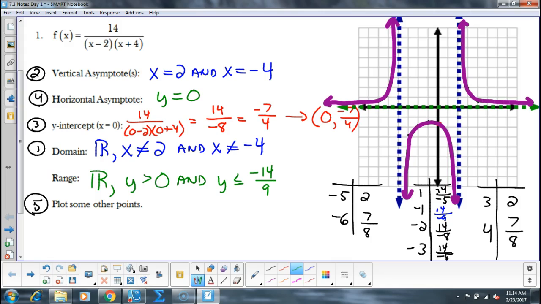Because that's that high point right there. Yes? So it's got a little strip running through the middle of it where it can't reach. So we take that out of the range. Okay? Sound like a plan?